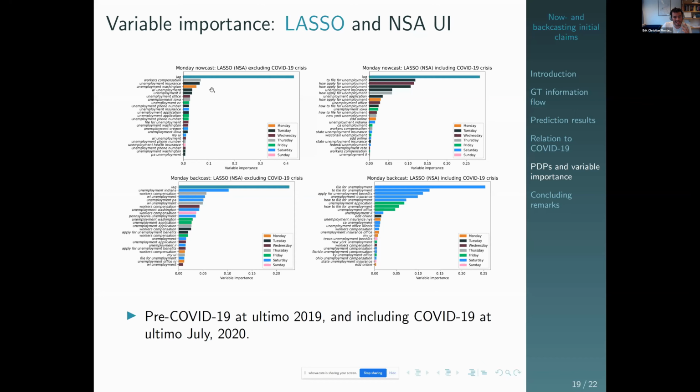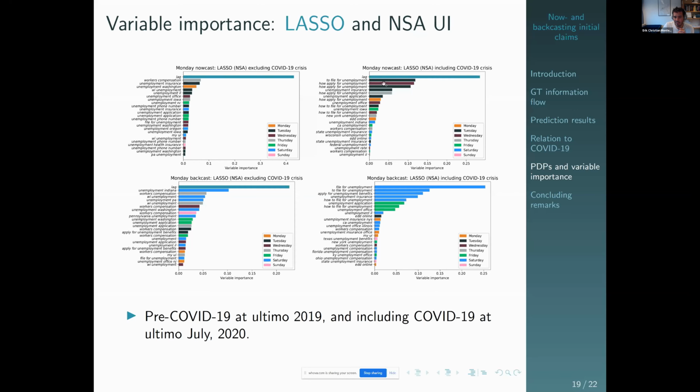And what we find is that basically before the crisis, both linear and nonlinear models are assigning large importance to the lag coefficient of UI, so the autoregressive structure. And that actually continues to happen, for example, for the Monday Nowcast, during the COVID crisis.